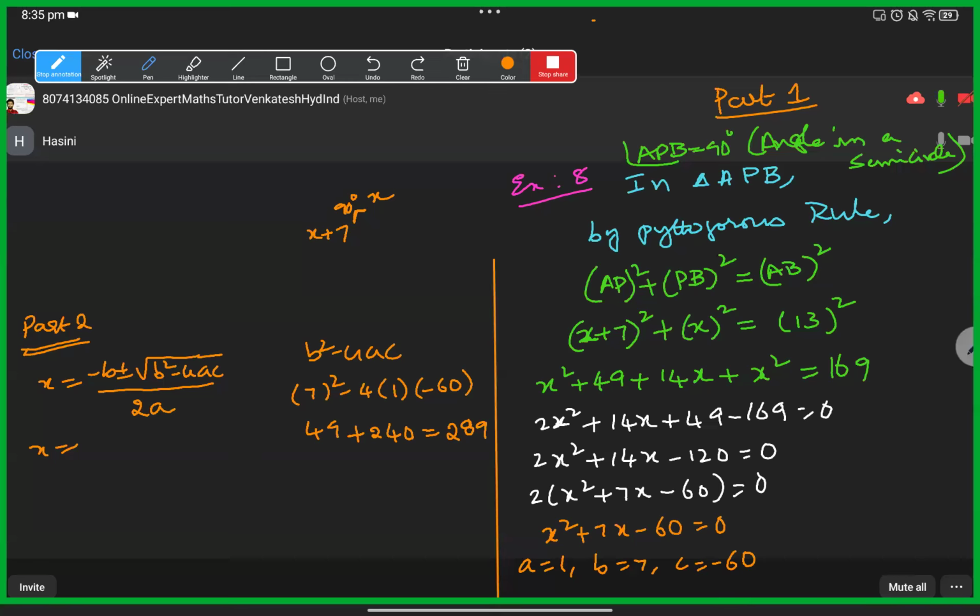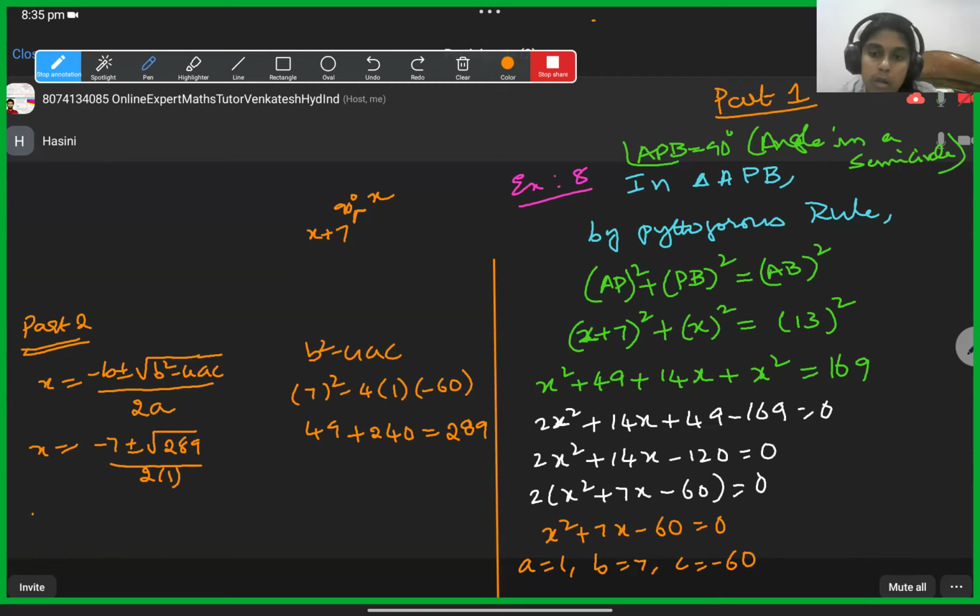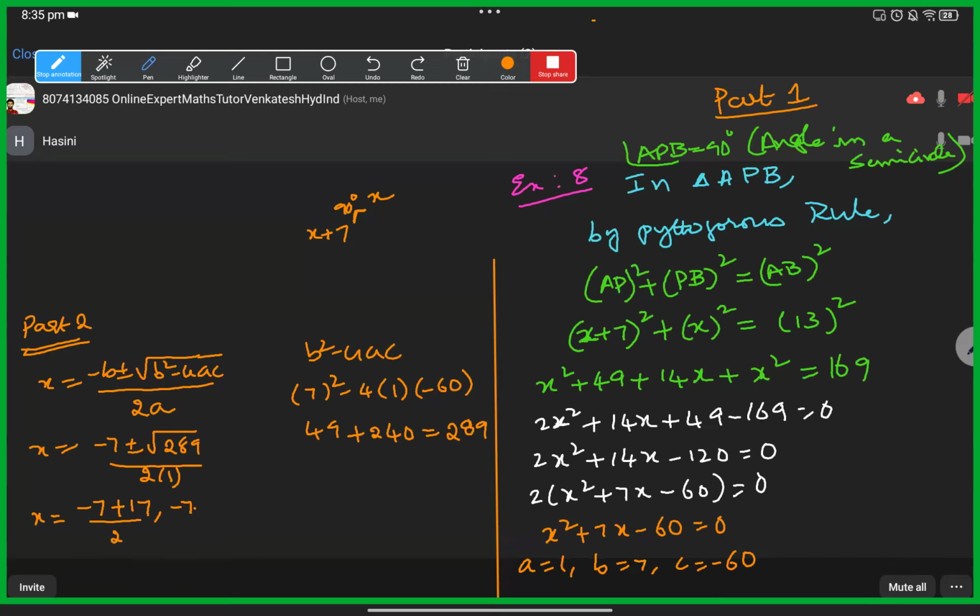So x is equal to minus 7 plus or minus root of 289 by 2 into 1. Root 289 is how much? 17, since 17 square is 289. Any doubt? No doubt, sir.